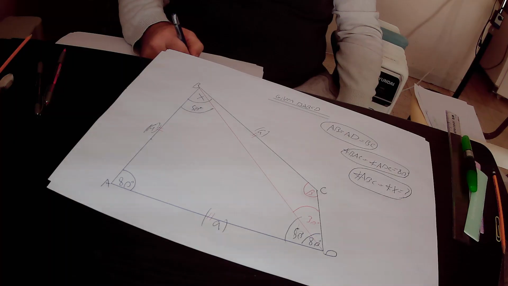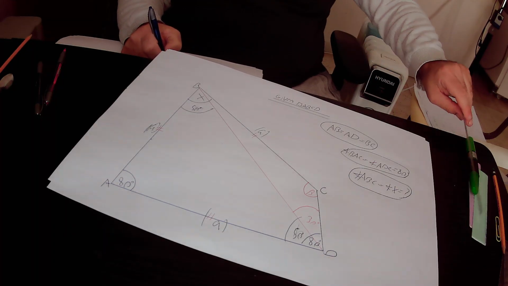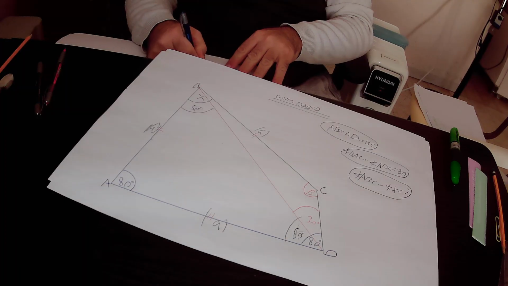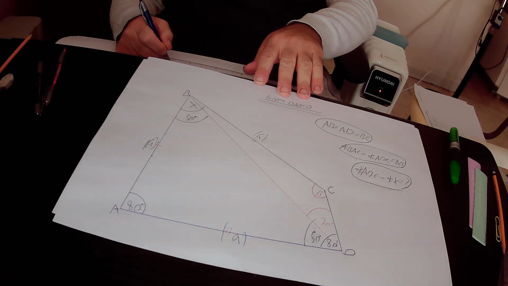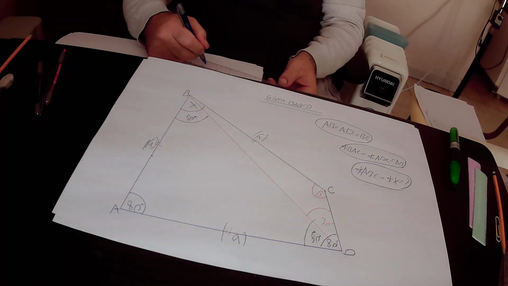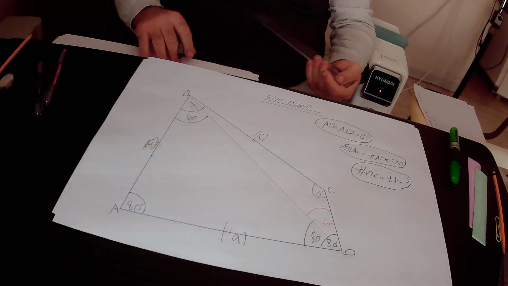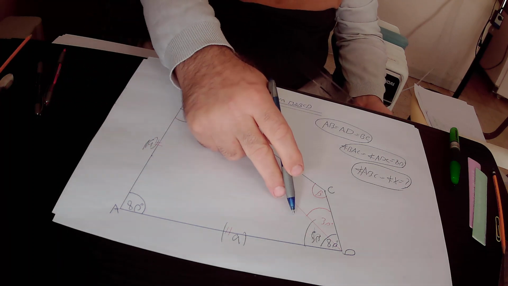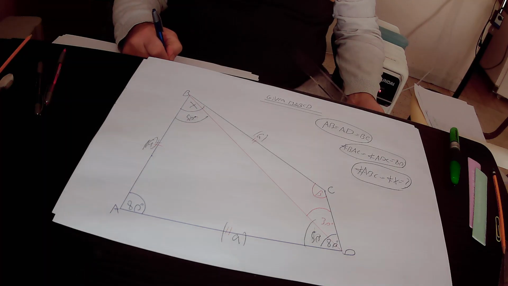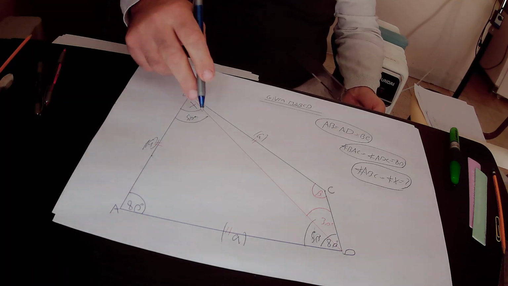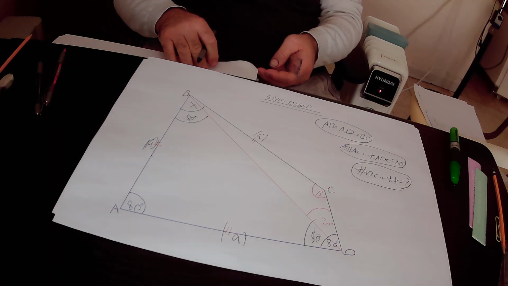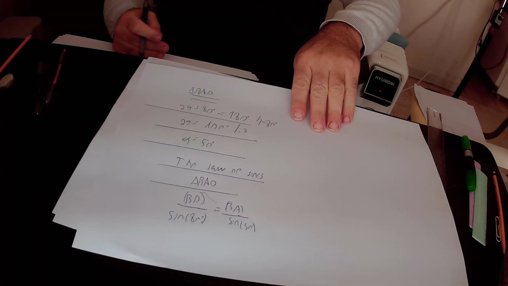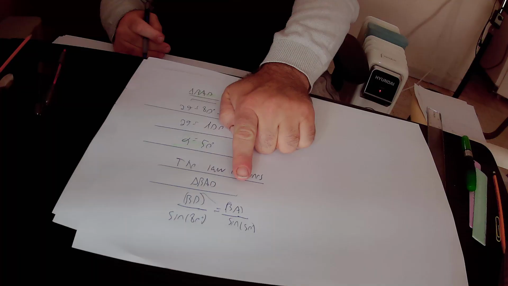According to the law of sines, in this triangle BAD, BD over sine 80 degrees equals BA over sine 50 degrees.